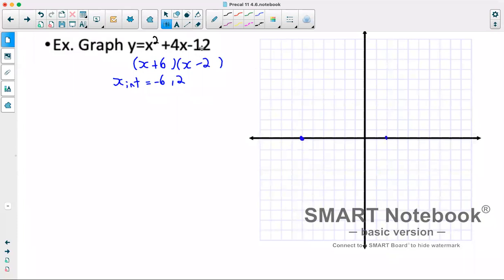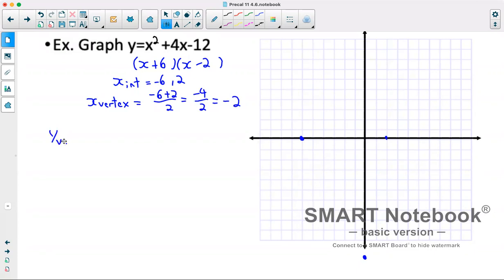Once again, I've got my y-intercept of -12, so that would be down here somewhere. And I'll get the x of my vertex by averaging my x-intercepts, which gives me a value of -2.